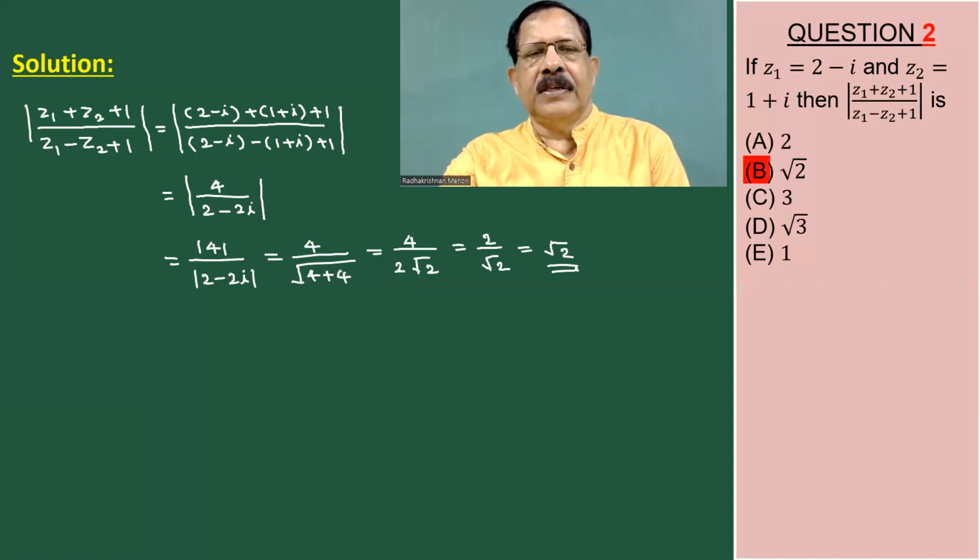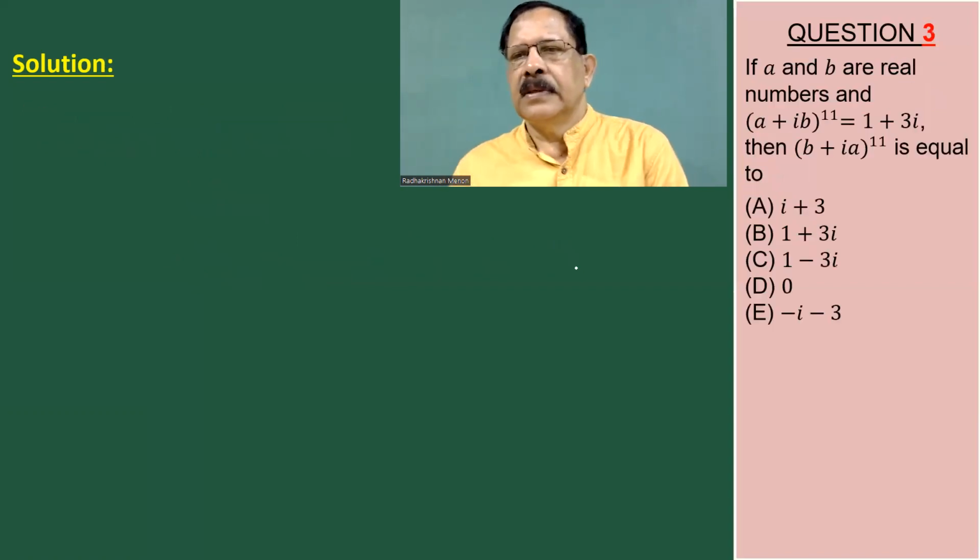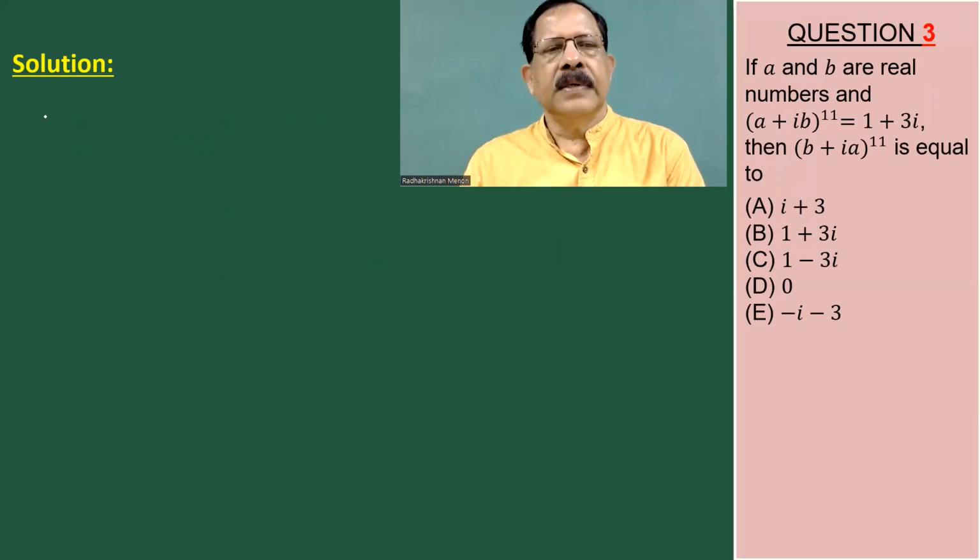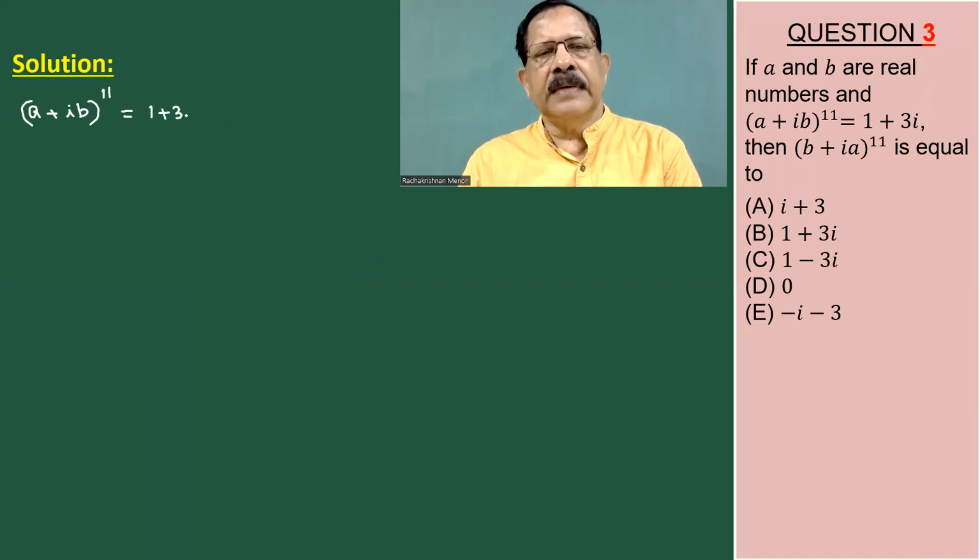Now the third question. Given that a plus ib whole raised to 11 is 1 plus 3i. Now, what about the conjugate of a plus ib whole raised to 11?